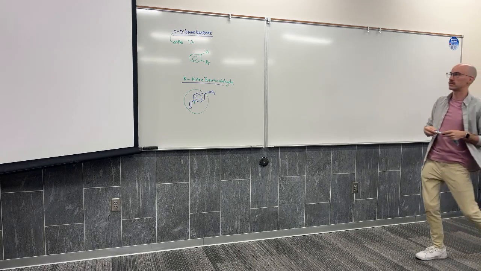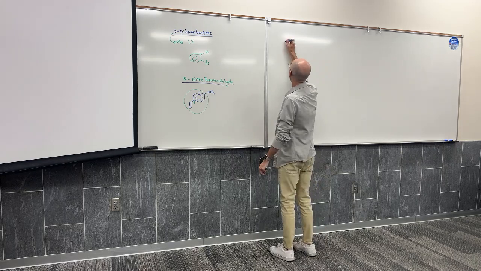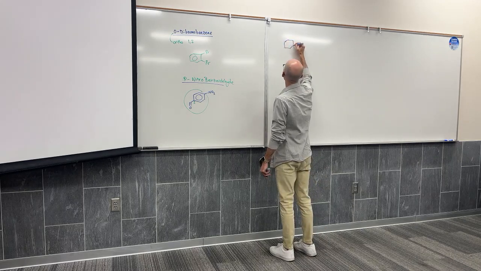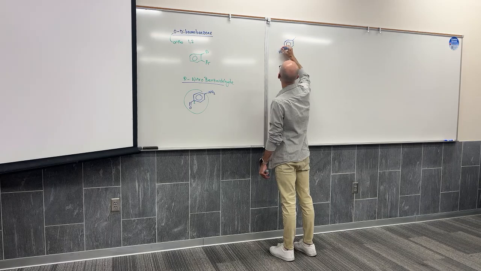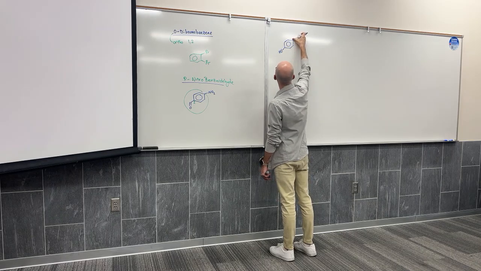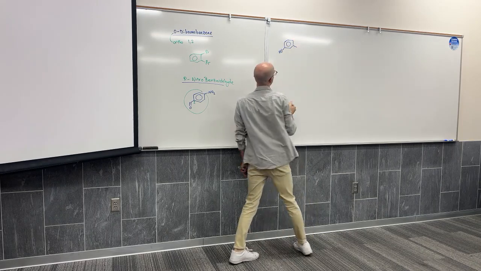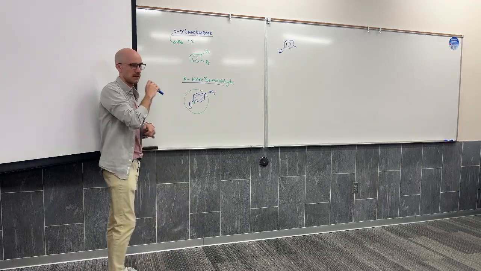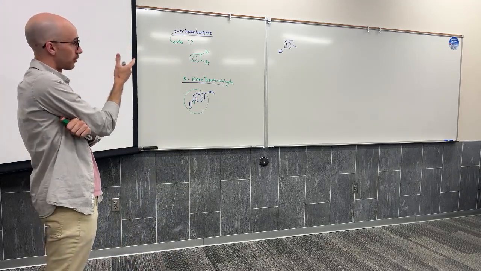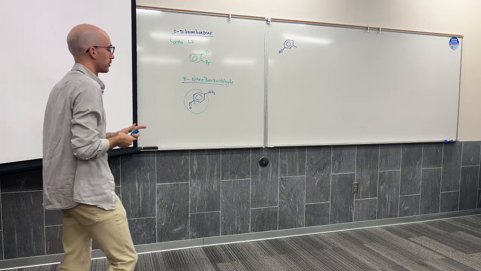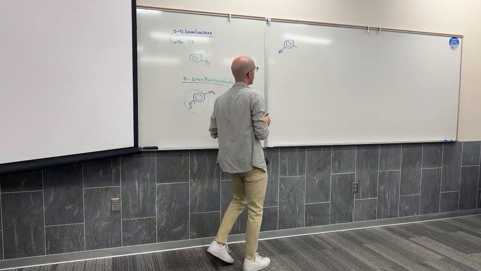So let me give you guys another example. Sorry, I'm going to make this one meta. So let's say you wanted to name this, and you weren't sure if you wanted to use the descriptive names or the numbers.